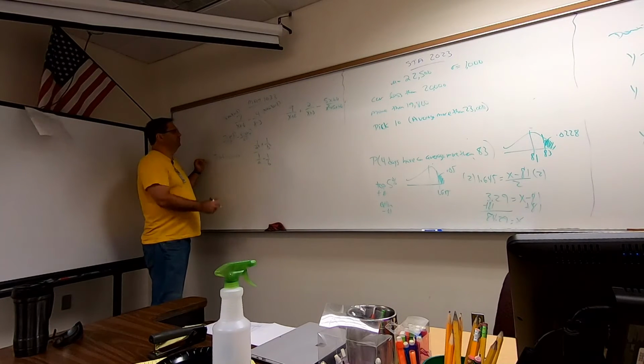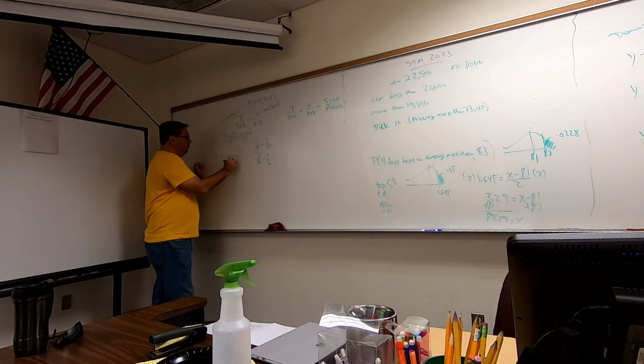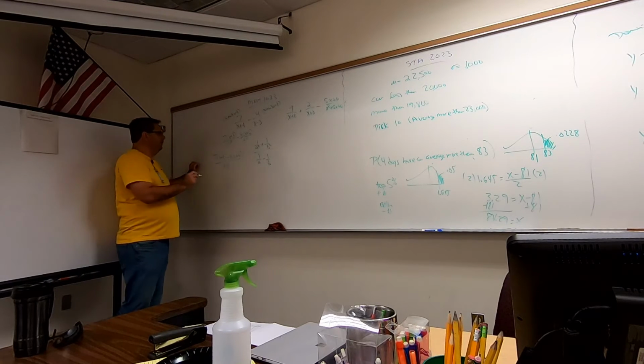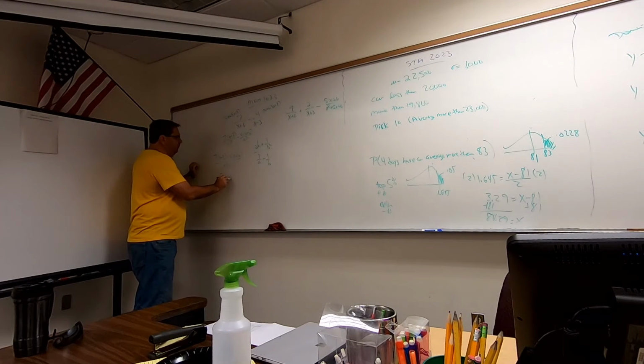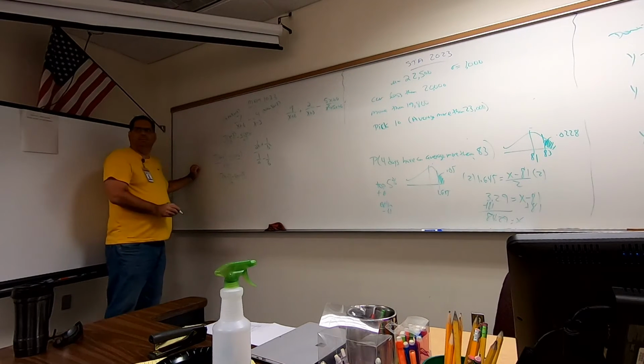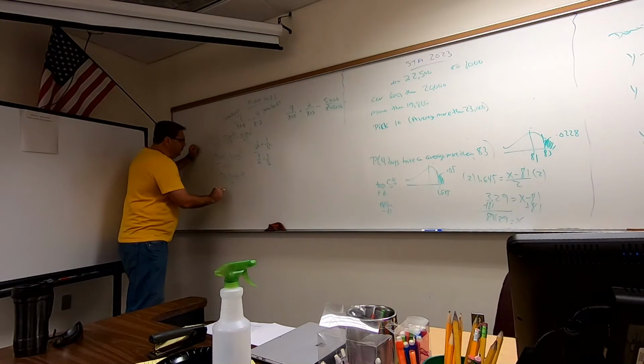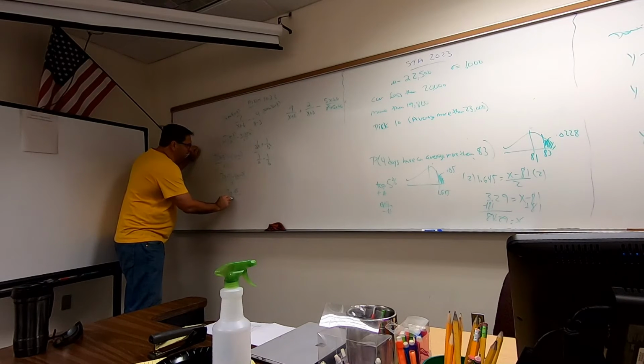Alright? What I would like to see you do is write it like this. Okay? 7x minus 21, negative 4x minus 24. 7x minus 4x is 3x. Minus 45 over the common denominator.